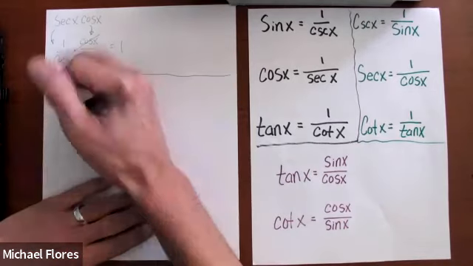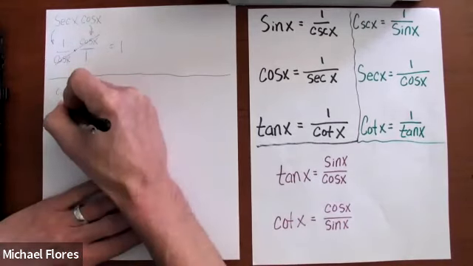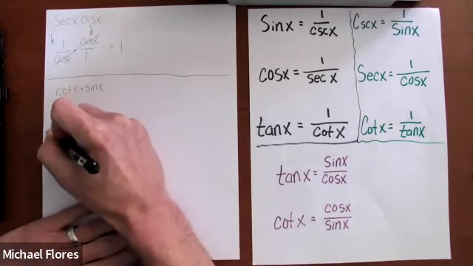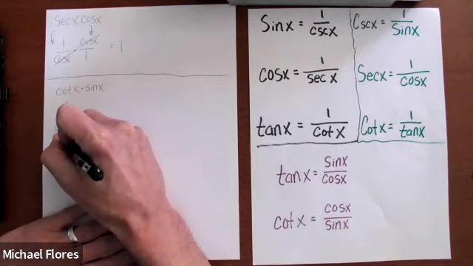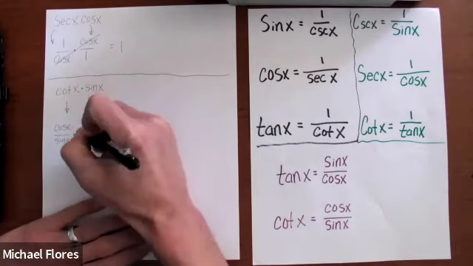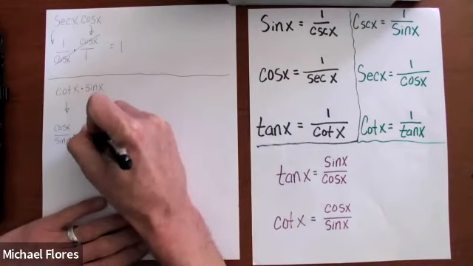I want to change cotangent of x to cosine of x over sine of x times, and then bring down sine of x.